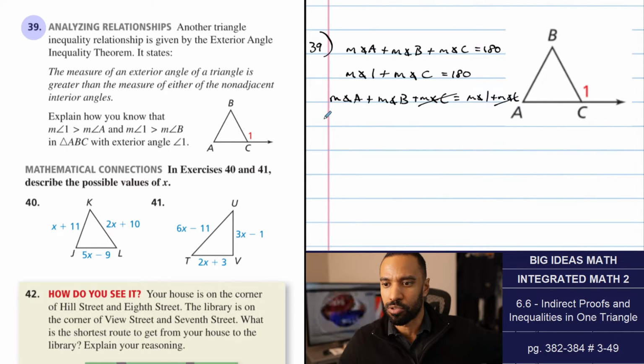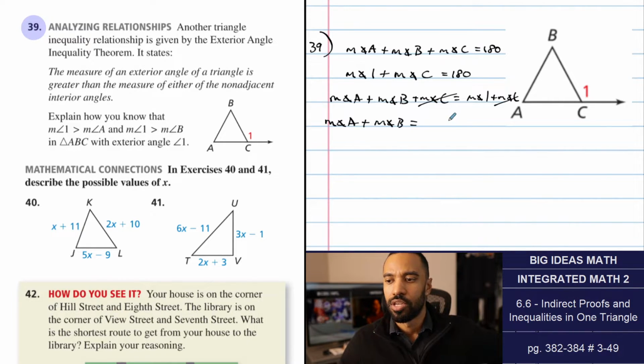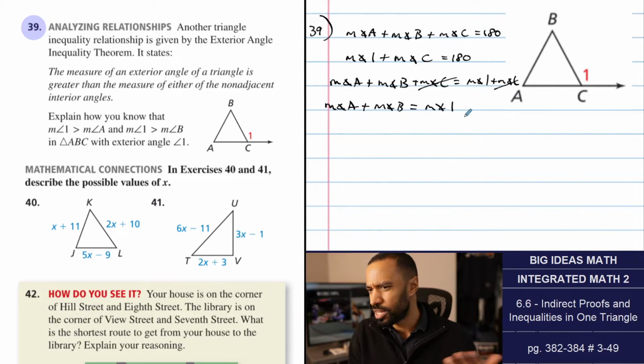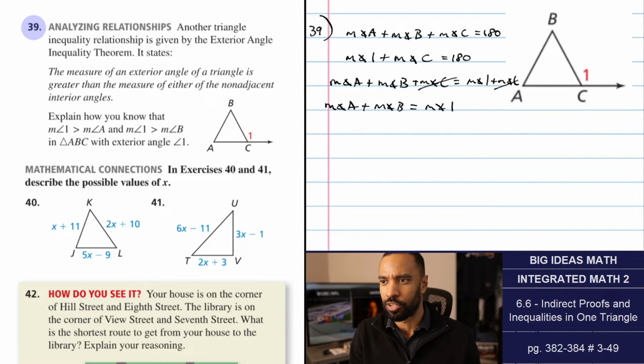When I subtract measure of angle C, measure of angle A plus measure of angle B equals measure of angle 1. So what I'm doing here is I'm showing that when you add these together, they have to equal this third thing here. And since they all have to be positive, I think that that's going to kind of conclude exactly what we're saying here.